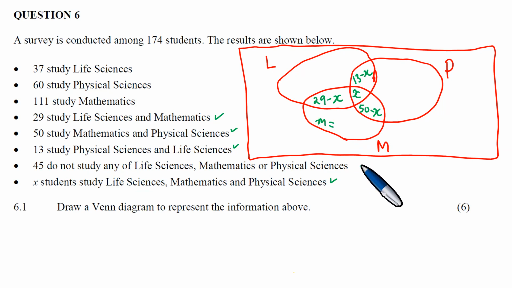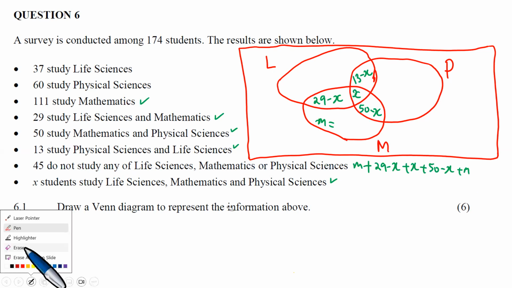If they say study mathematics, you look at the event for those who do mathematics. So you're going to say m plus 29 minus x, plus x, plus 50 minus x. I obviously add the m once.